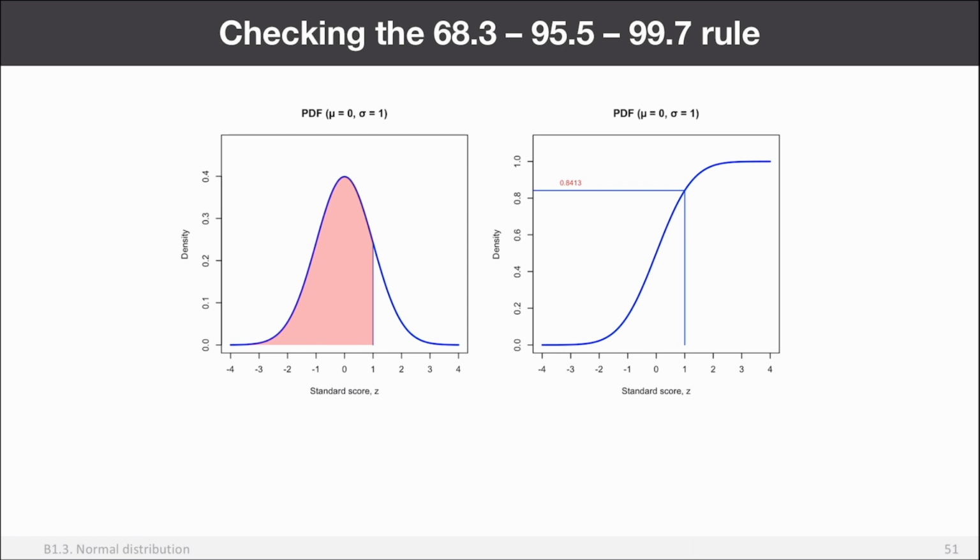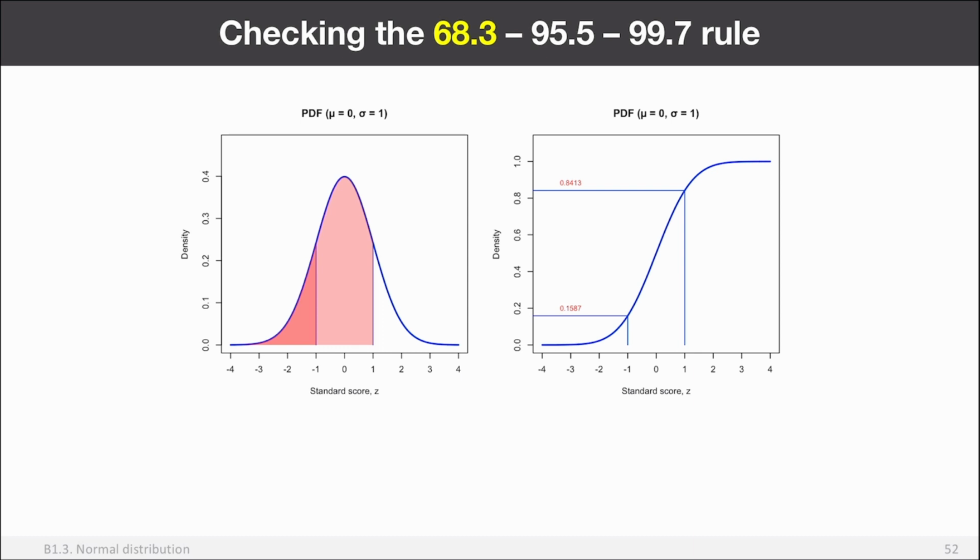So if you take 1 standard deviation above mu, exactly here, right? So this is the probability to get a value smaller than this one, right? So you can see that this is 1 standard deviation above mu. Again, we can compute it in R by running pnorm of 1, so z equal to 1, meaning one standard deviation above the mean, and that's the probability.